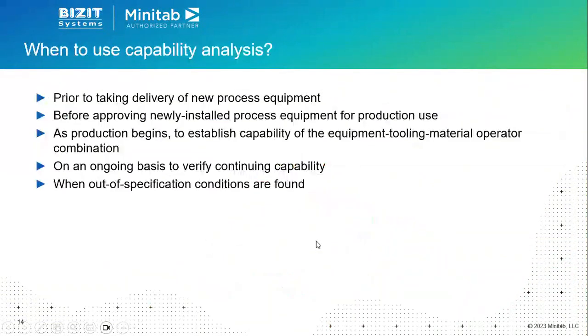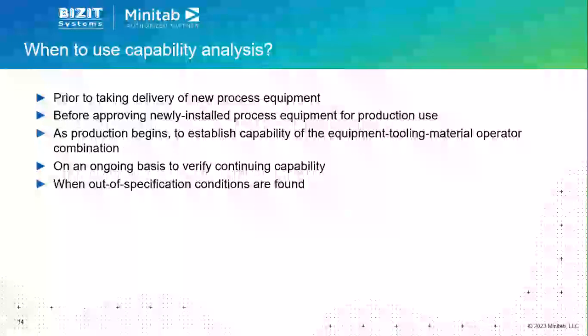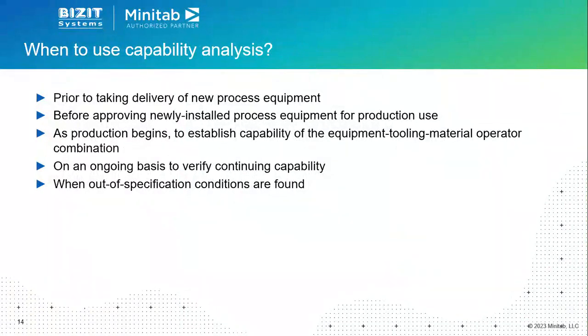You use the capability analysis when you have new process equipment coming, maybe before approving installation of equipment for production use, on an ongoing basis to verify continuing capability, or when out-of-specification results are found. So you will use the capability analysis.